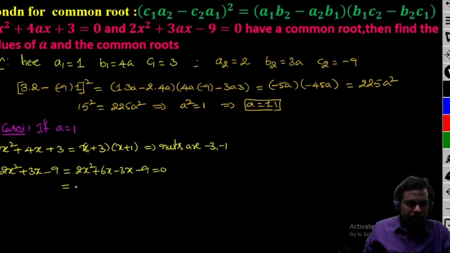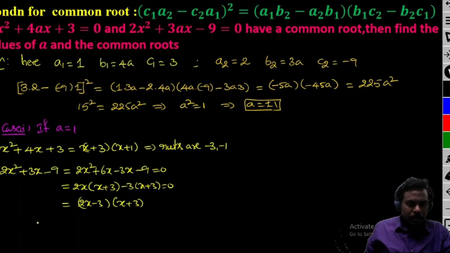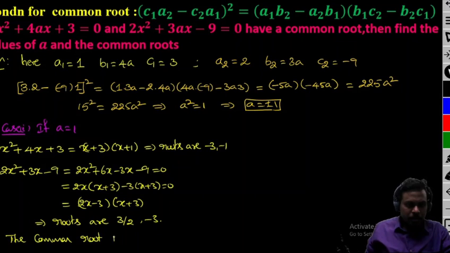I am factorizing it actually. So this is 2x into x plus 3 minus 3 into x plus 3 is equal to 0. So this can be written as 2x minus 3 into x plus 3. So this implies the roots are 3 by 2 comma minus 3. So the common root here is minus 3.